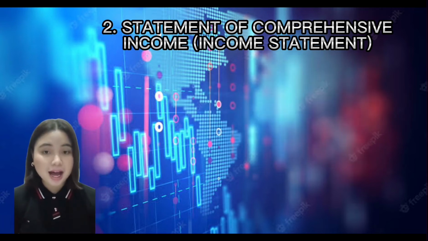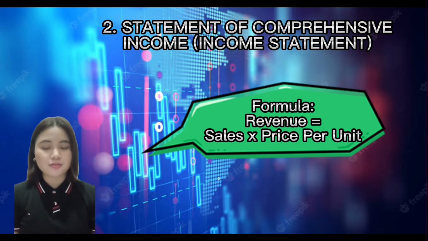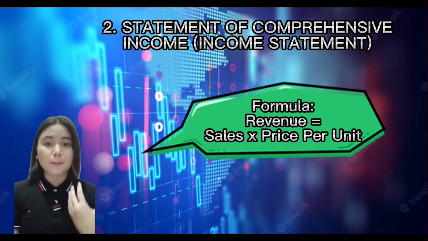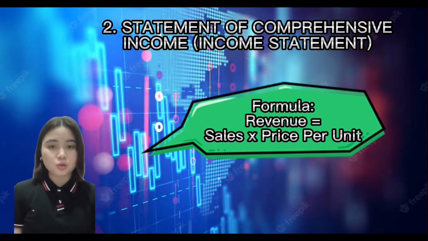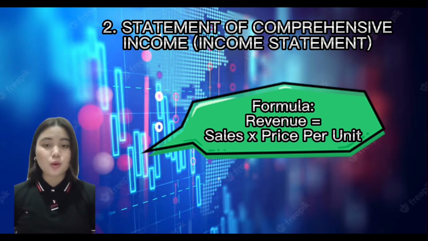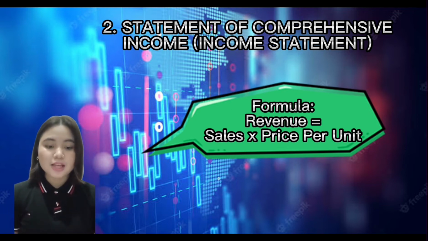So, how can we get the revenue? Here is the formula para makuha natin yung revenue. Revenue is equal to sales quantity sold times price per unit or average price of service.